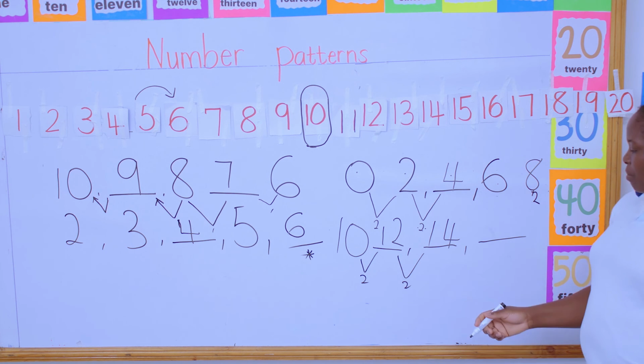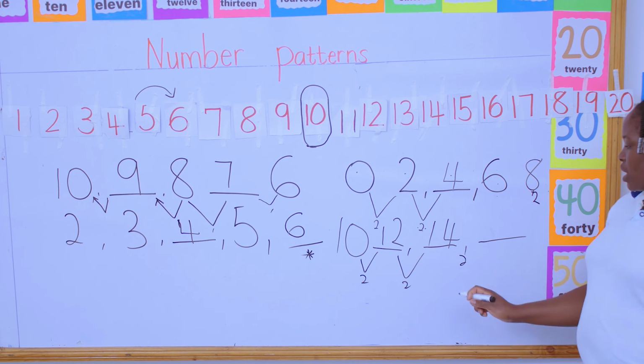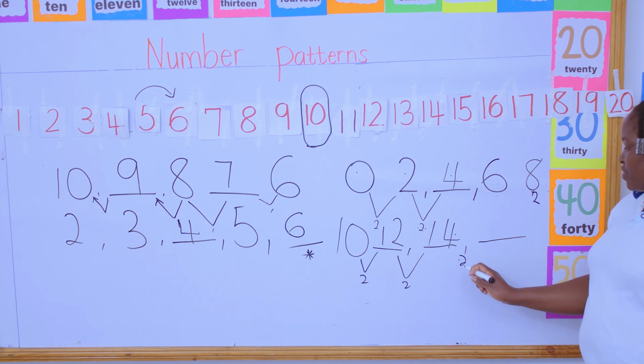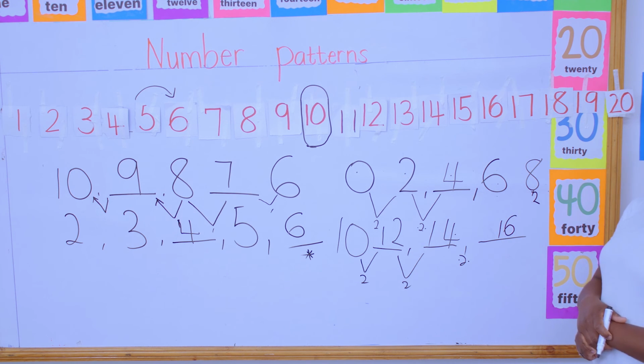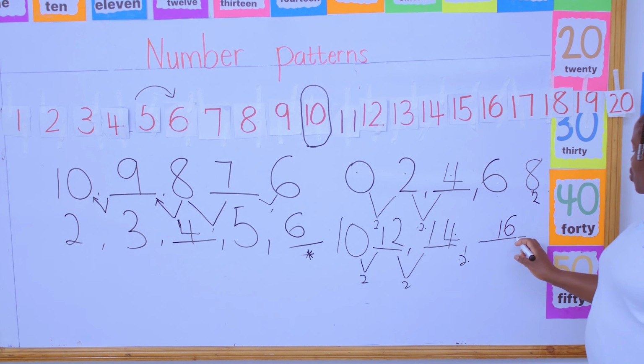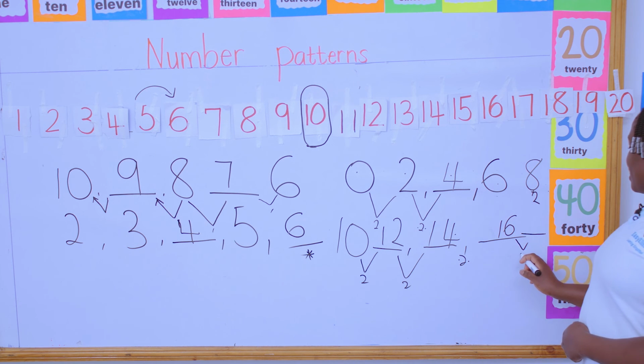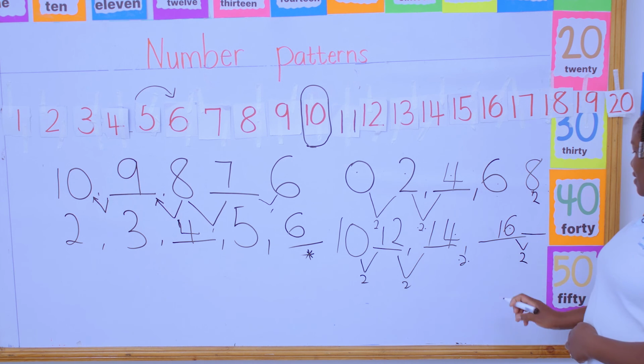So 14, I'm going to add the 2. So I get 14, 15, 16. So I get a 16 here. And if I increase this 16 by 2, what will I get? The number that is here must have an 8. Increase 16 by 2, I have a 16, 17, 18. So my next number will be 18.